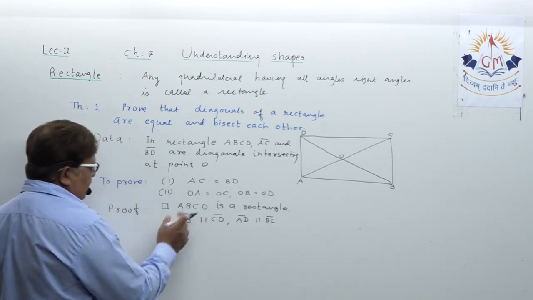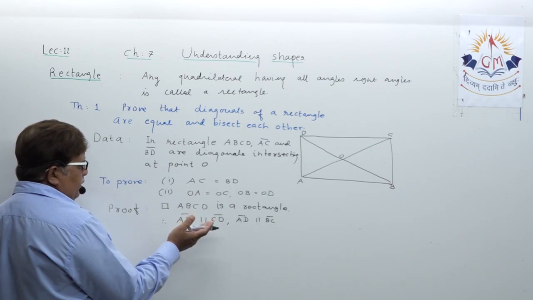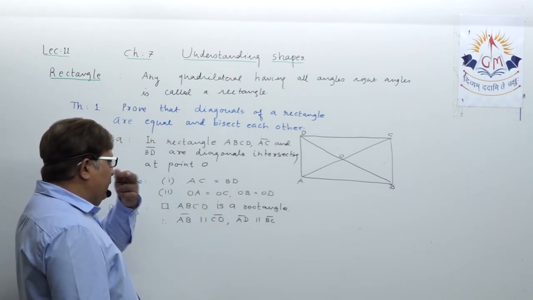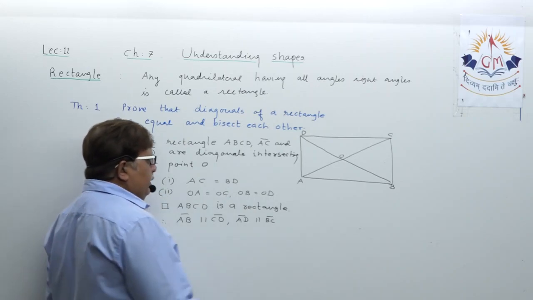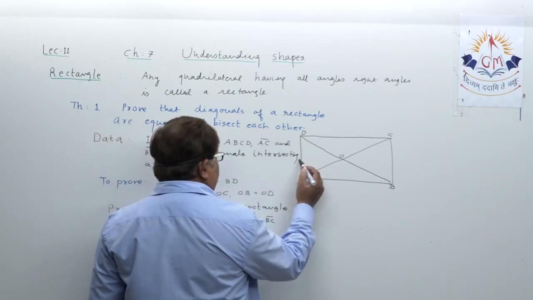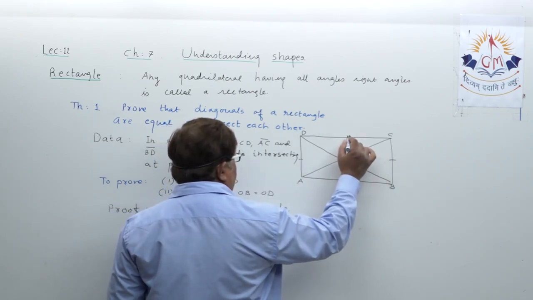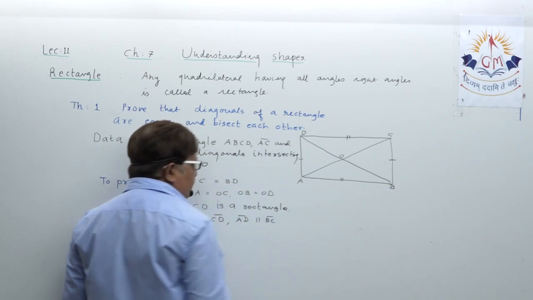Can you remember one? Not only are both pairs of opposite sides parallel, in a rectangle you know that opposite sides are equal also.